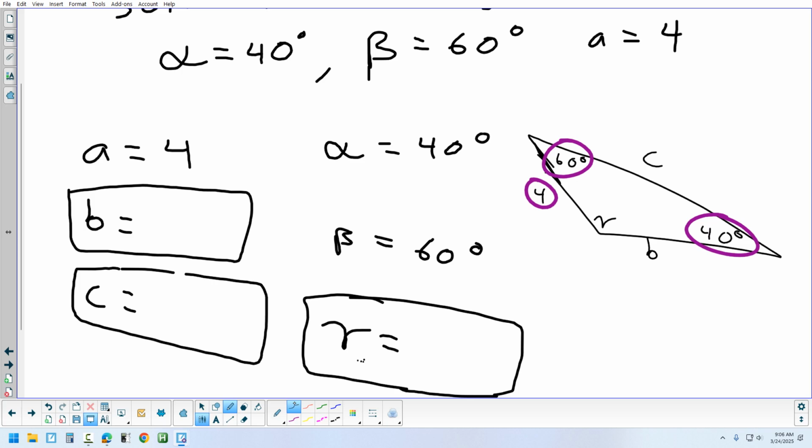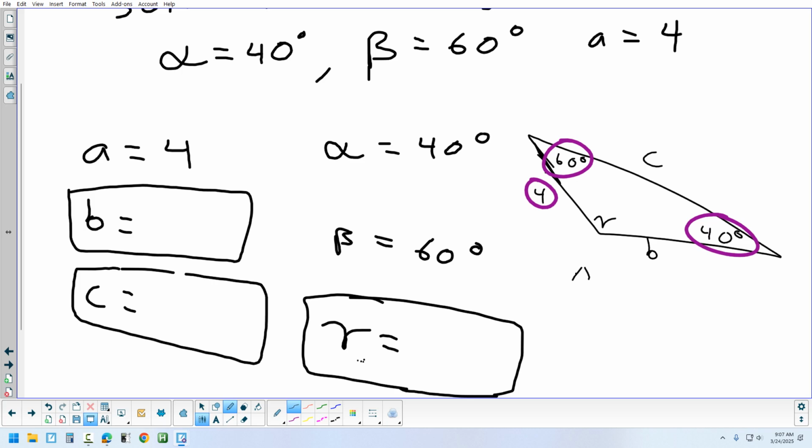I agree it is 2 angles and a side. SAA. Yeah, so it's 2 angles and a side, but the side that you know is not the one connecting them. That would be side C. For this to be ASA, you'd have to know side C. So it's not ASA.